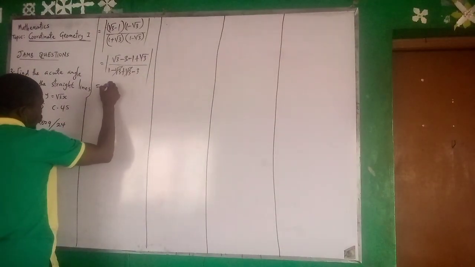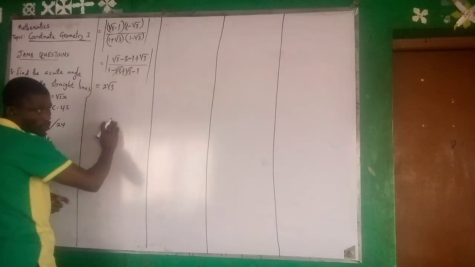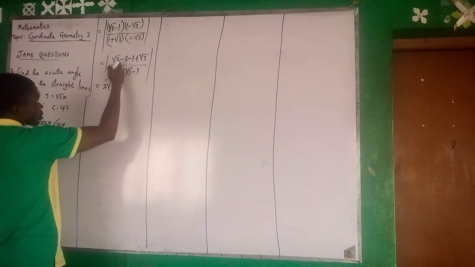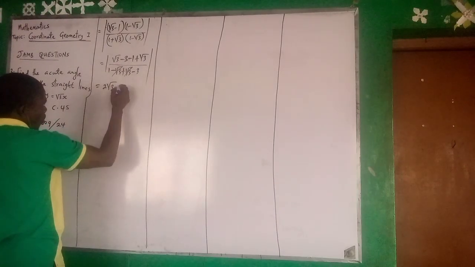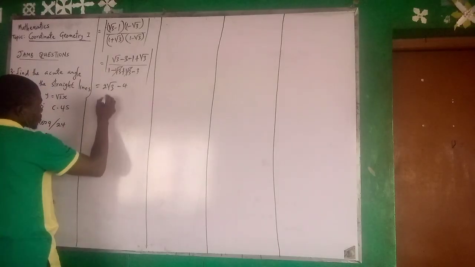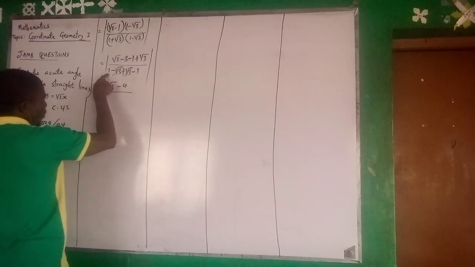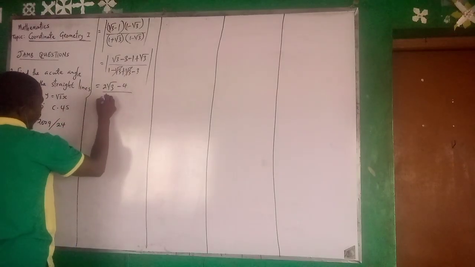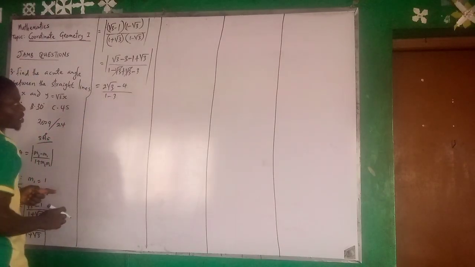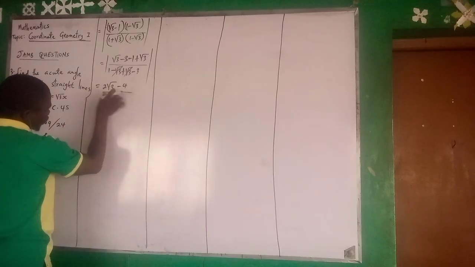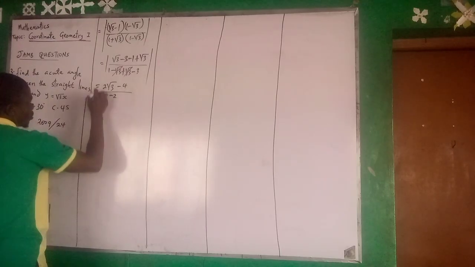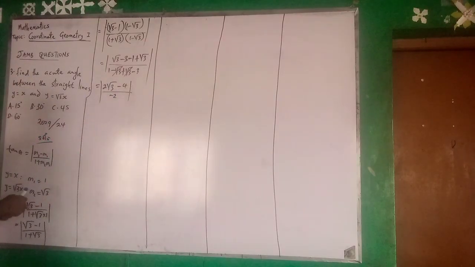That will give us 2 root 3. Are you following me now? Then minus 3 minus 1 is minus 4, all over 1 minus 3. 1 minus 3 is minus 2. Are you following me now?